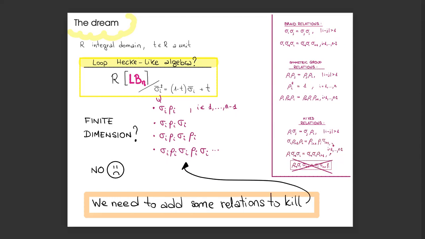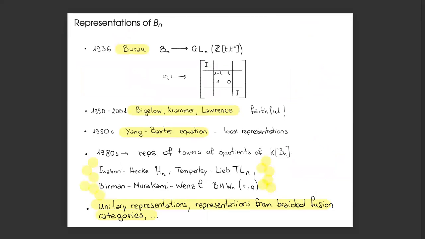Where do we take tools to do this? Well, for studying Hecke algebras, we saw that knowing something about braid representations was a useful thing. So what do we know about representations of loop braid groups? Well, let's first see what we know about braid groups.